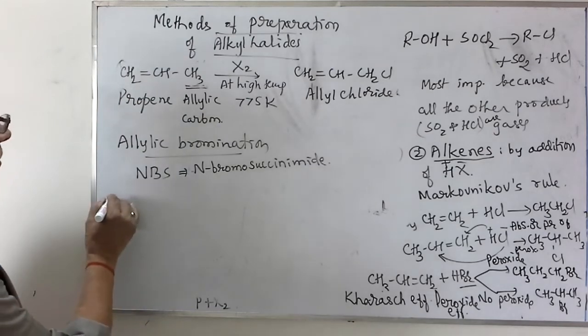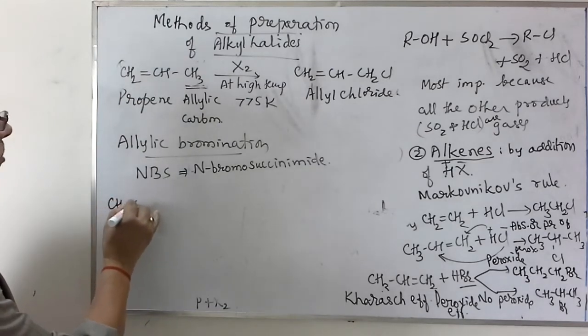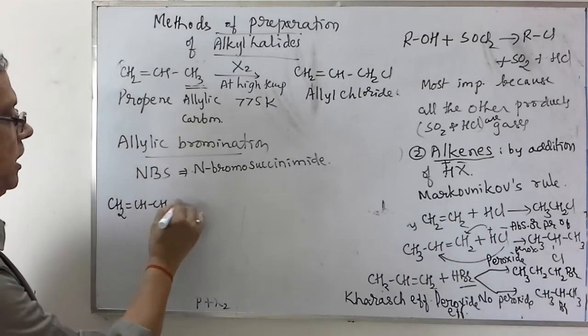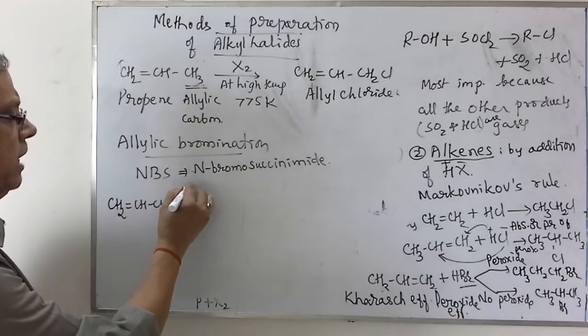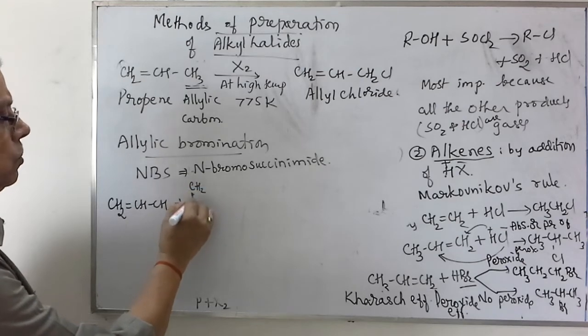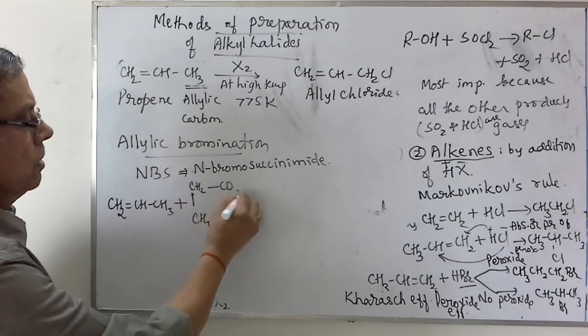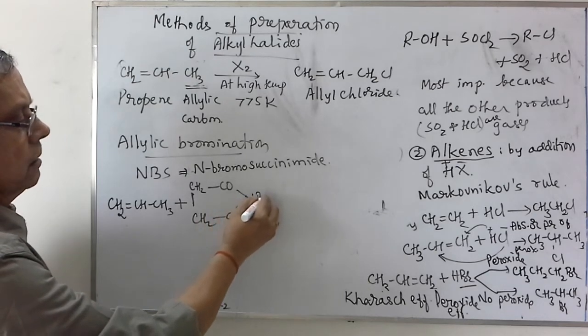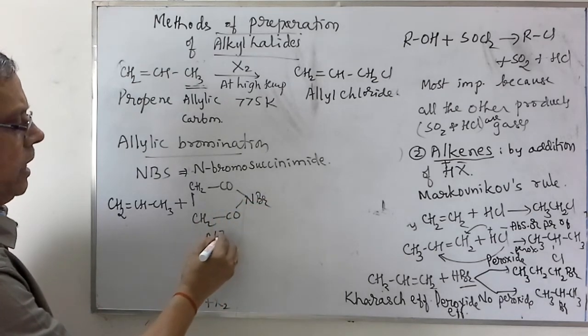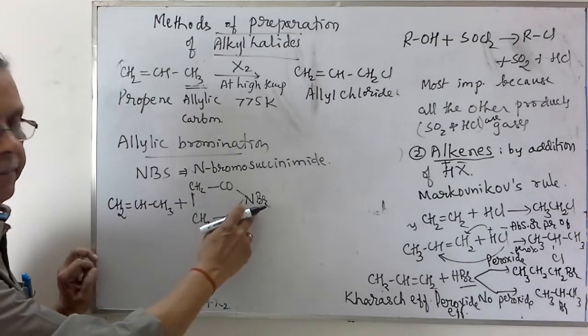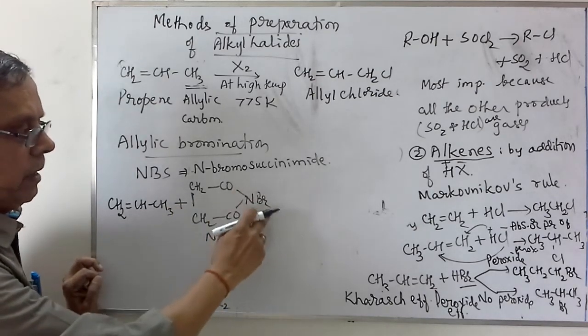Let me take the same example. CH2 double bond CH, CH3, propene. When this is treated with NBS, CH2, CH2, CO, CO, NBr. This is actually N-bromosuccinimide, succinimide with bromine on the nitrogen atom.